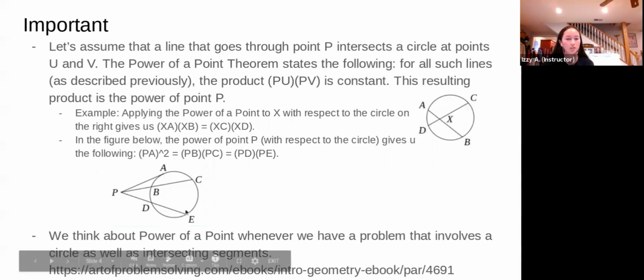Here's another example. In the figure below, the power of a point P with respect to the circle gives us the following: PA squared is equal to PB times PC, which is equal to PD times PE.